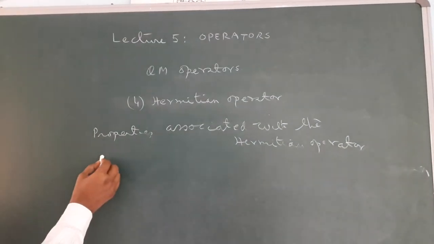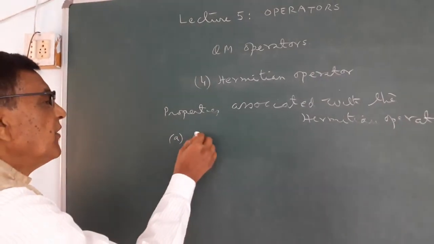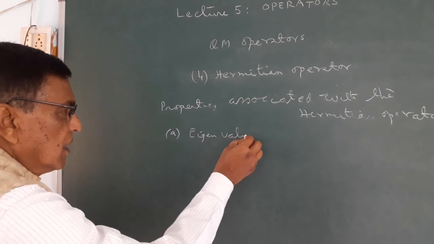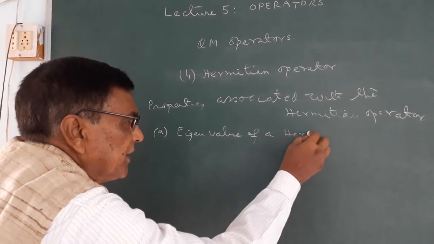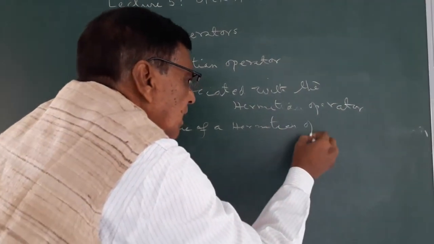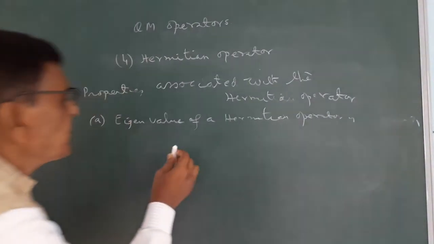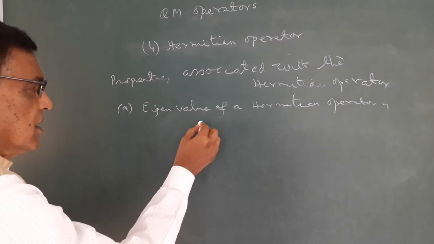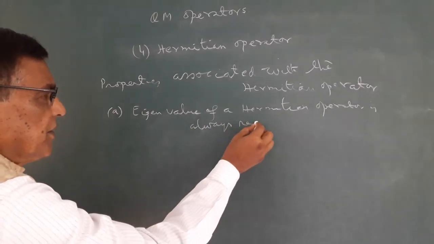Property A: the eigenvalue of a Hermitian operator is always real.